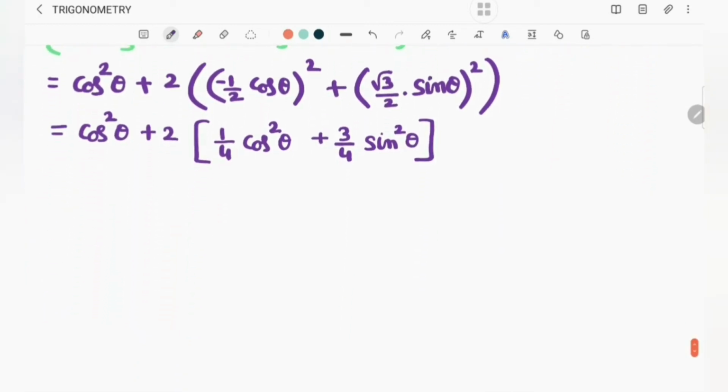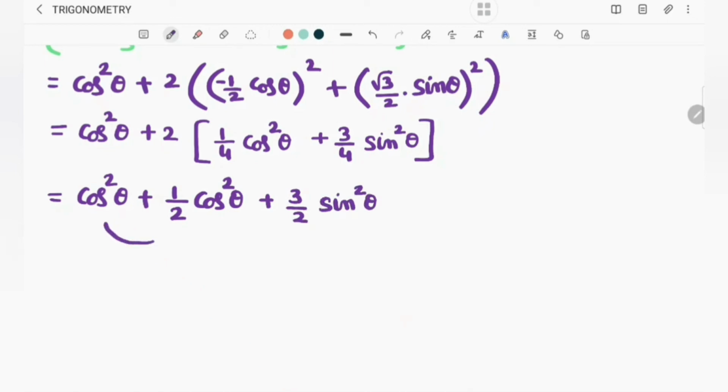So now each and every term is multiplied by 2: 1 by 2 cos square theta plus 3 by 2 sin square theta.